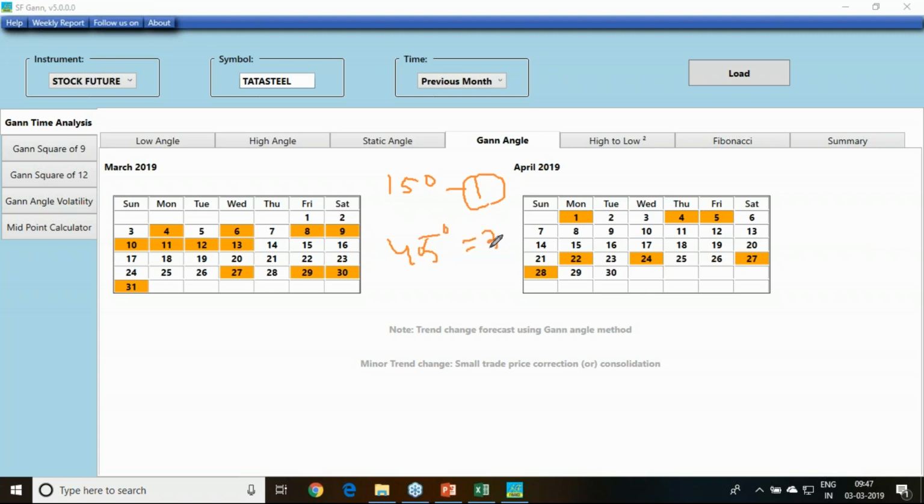So Gann says that if any up move is giving you the breakout, definitely till 3 cycles it will complete. He also says that if the stock has risen for 3 days, then there is a chance of correction. Elliott also has a 3-wave structure in the corrective structure. So all 3 is very important. So 45 degree, 3 cycles complete. 75 degree, the 5th cycle completes.